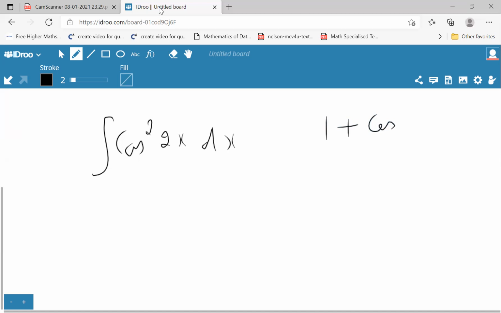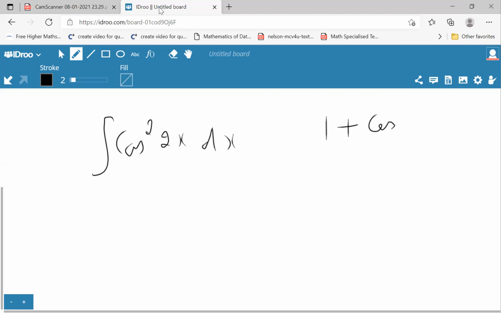Cos 2x has 3 different forms: cos squared x minus sine squared x, 1 minus 2 sine squared x, and 2 cos squared x minus 1. So you have 3 different forms.